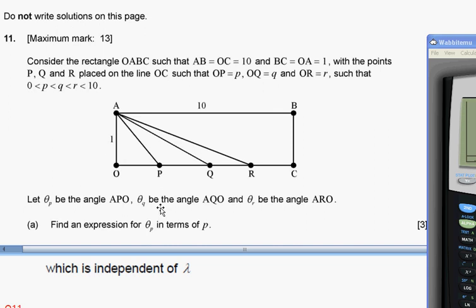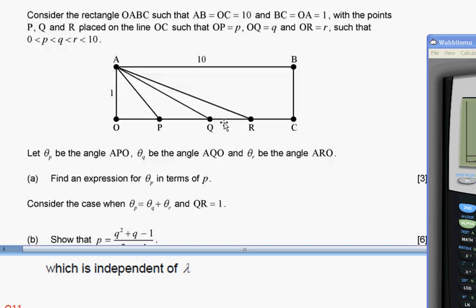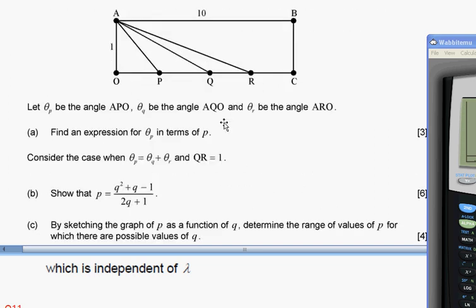Let's see. So first of all, tangent of theta P equals 1 divided by P. The same for other angles.